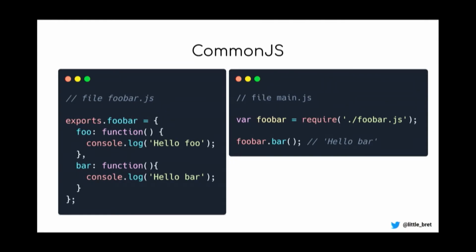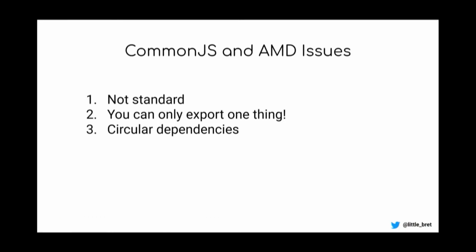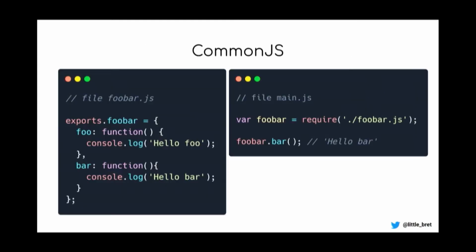And that makes it really difficult for the JavaScript engine to actually optimize this code and say, what are you actually using? And the same thing with AMD. Also, you get really weird circular dependency issues because, again, of the way this stuff is defined. You can solve circular dependency issues, but you still have them inherently with these module designs.